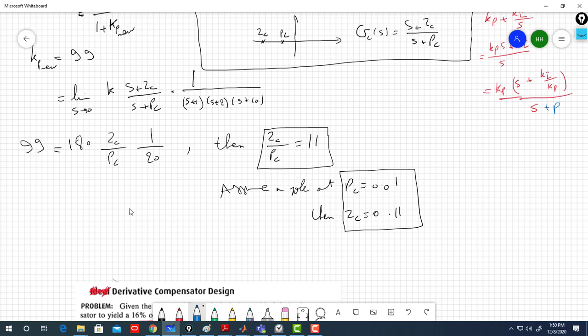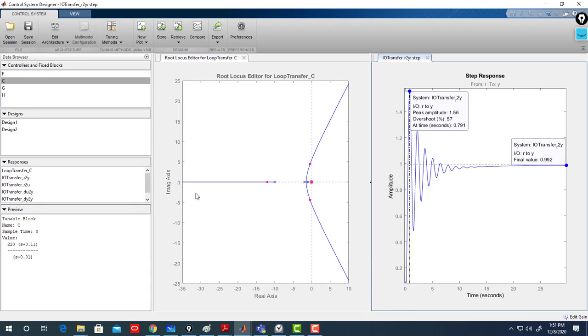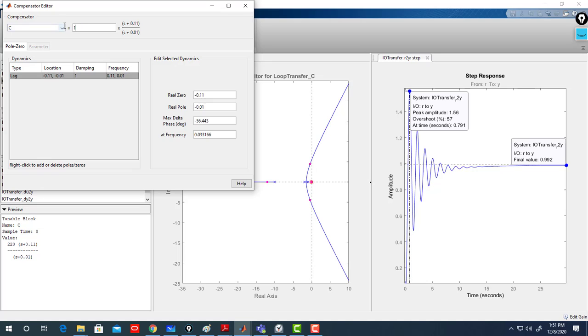So how to find the new gain? If I take K as 180, you will get exactly 0.99. You can go here, don't take 220, take 180.